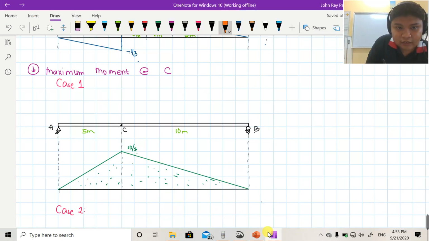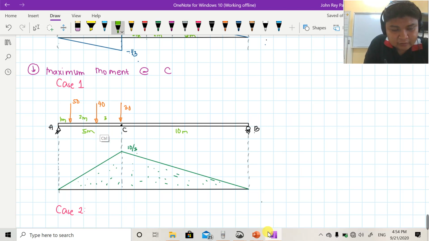So, yung case 1 is pag ganito siya. Dito dapat yung 30 natin. Tapos, nandito yung 40. And lastly, nandito yung 50. Okay, so yun, wala siyang magbabago. 1 meter, 2 meter, 2 meter as well.